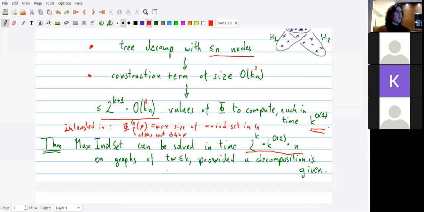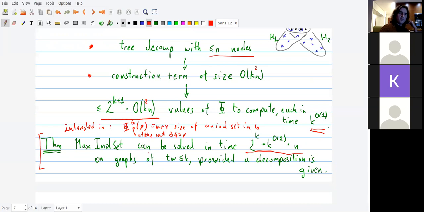Good. So this is our first dynamic programming on a graph of bounded treewidth, and it can be easily seen that this was kind of a generic approach in the sense that we only need to understand what are partial subproblems, how to assemble partial subproblems, and what is the behavior of a partial subproblem on the boundary.